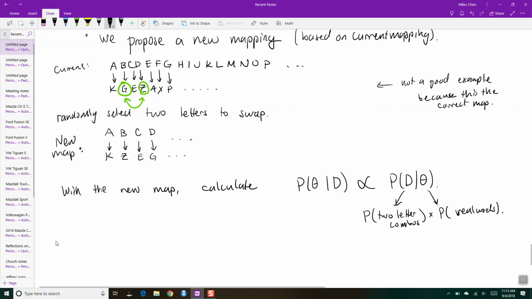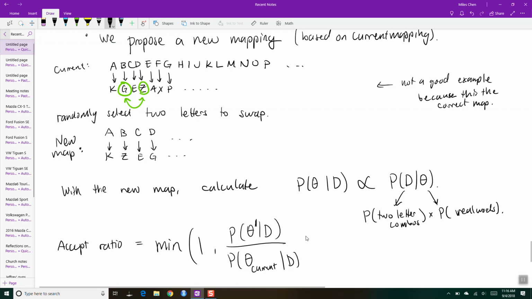All right, and then you calculate an acceptance ratio, which is going to be the min between 1 and your proposed map. This is wrong. Proposed mapping and your current.